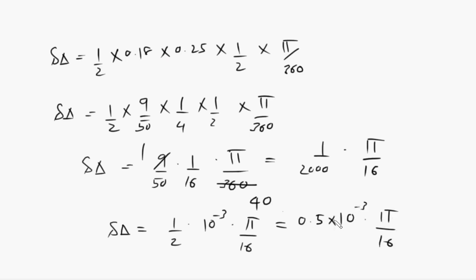So 0.5 times 10 power negative 3, what is that? That is 5 times 10 power negative 4. So my answer will just be equal to 5 times 10 power negative 4 times pi over 16. Kwa hiyo jibu langu, my final change in area will just be 5 pi over 16 times 10 power negative 4 meter squared.